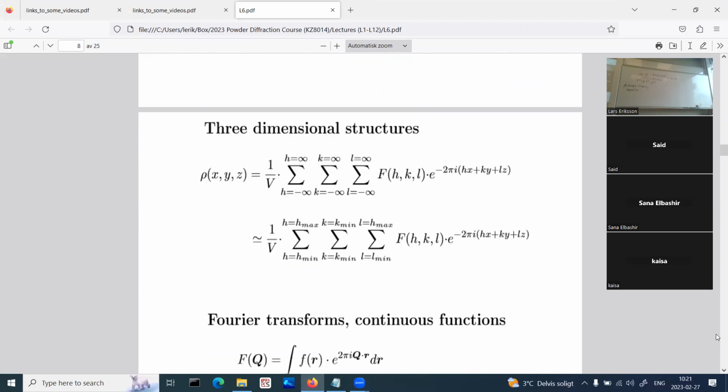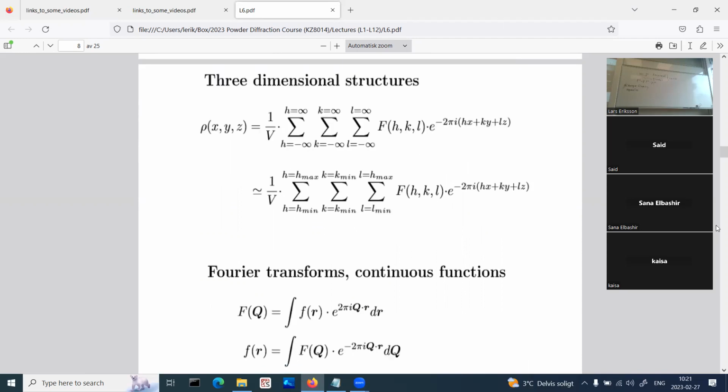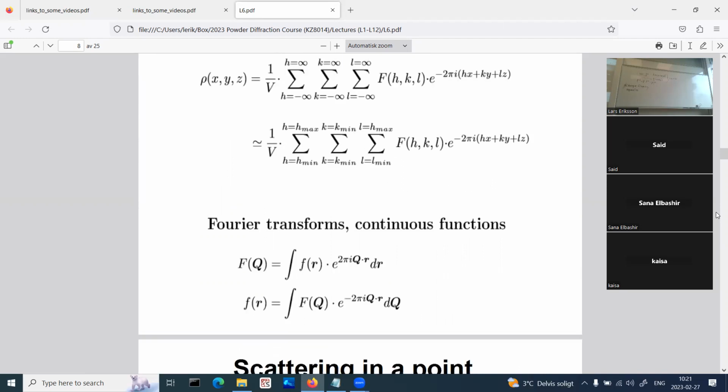And also, instead of this summation, because the intensities in the diffraction pattern are discrete, they only appear at certain points. But if you have a continuous distribution, you can also, instead of a summation, write it as an integral over a continuous function.